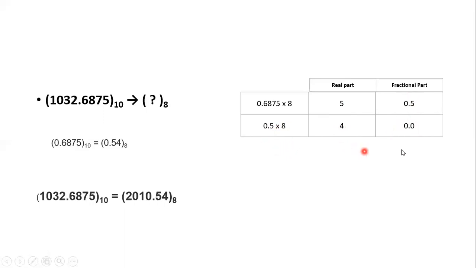The real part becomes 0 and the fractional part becomes 0. Therefore, here we take from top to bottom, 0.54. Therefore, 1032 is 2010 and 0.6875 is 0.54. This is the decimal to octal conversion.